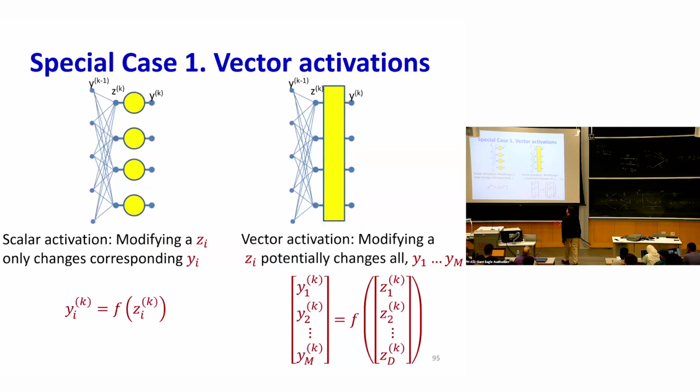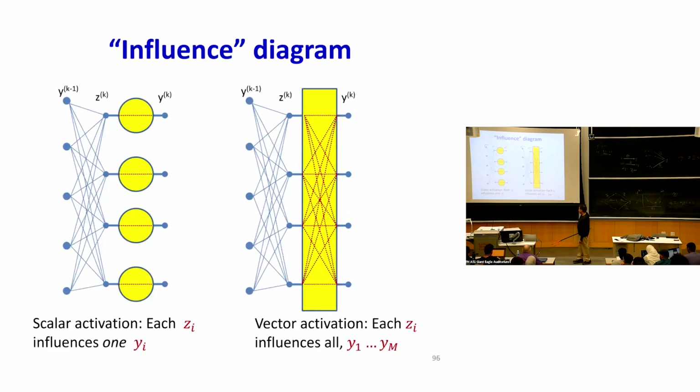In the case of the scalar activations, y equals f of z, dy over dz is just f prime. Over here, you have a vector of y's and a vector of z's. In the scalar activation, each z influences one y. Here, each z can influence all the y's, and each y is influenced by all the z's.